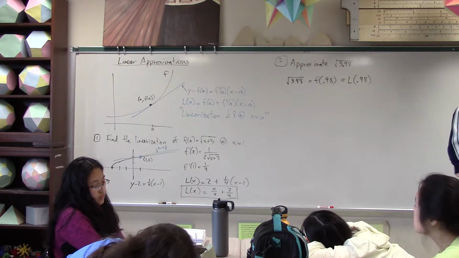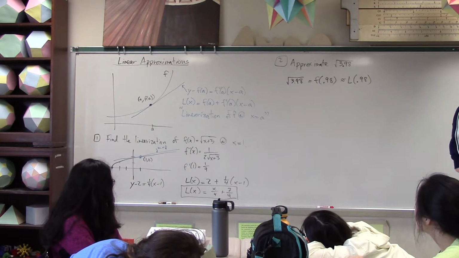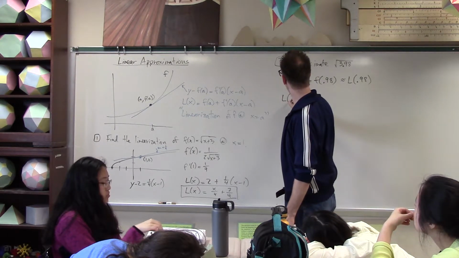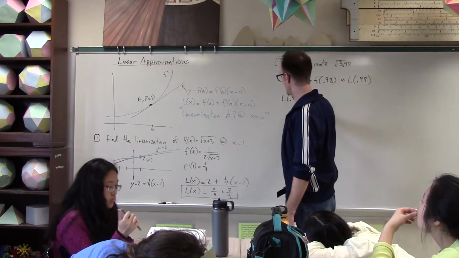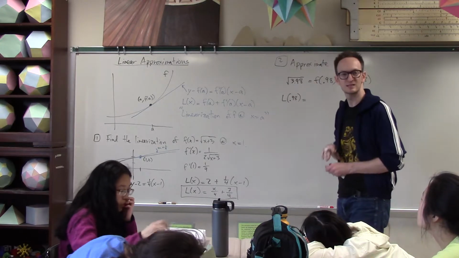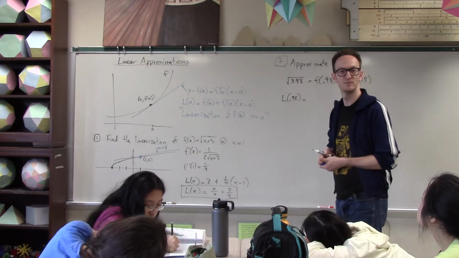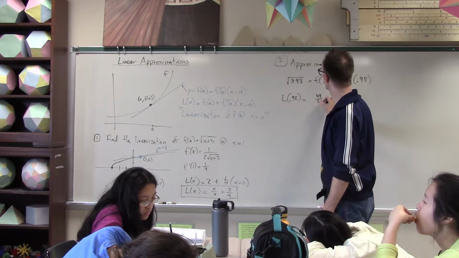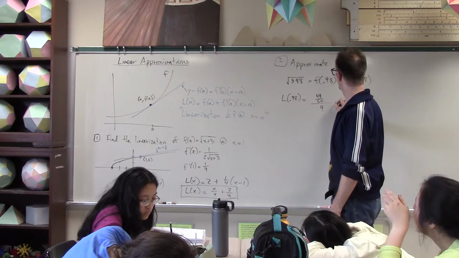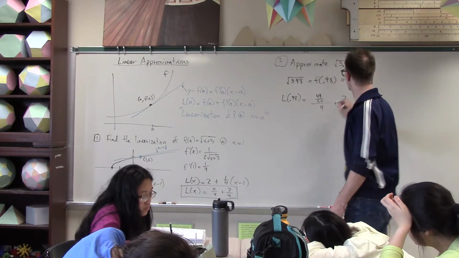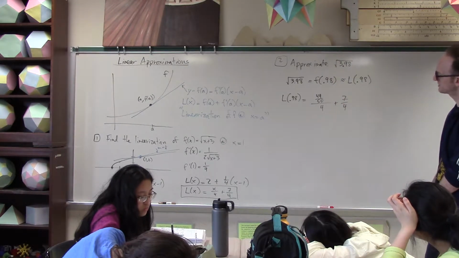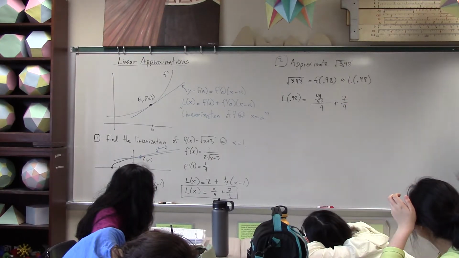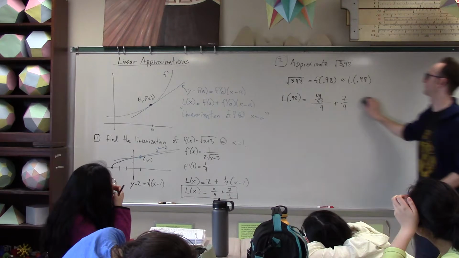What is L of 0.98? Well, that's not hard at all because it's just a line. So I just compute L of 0.98. It's like 49/50ths. Is this the smart thing to do? Actually, I think it's better to plug it into the parentheses version.